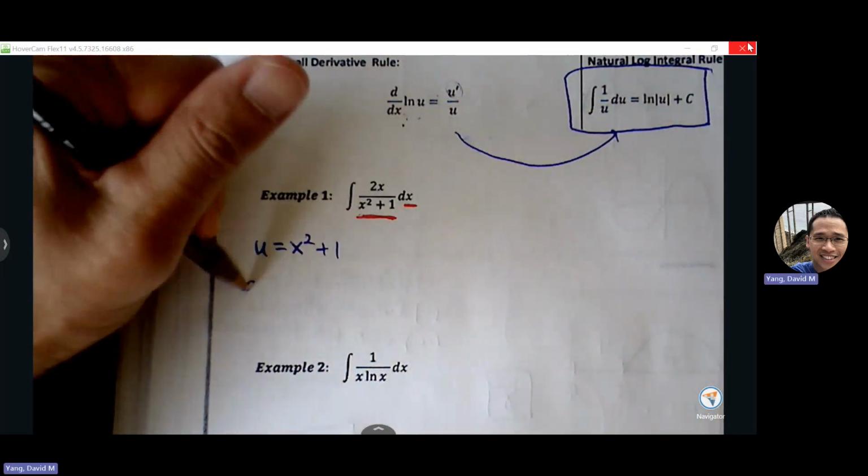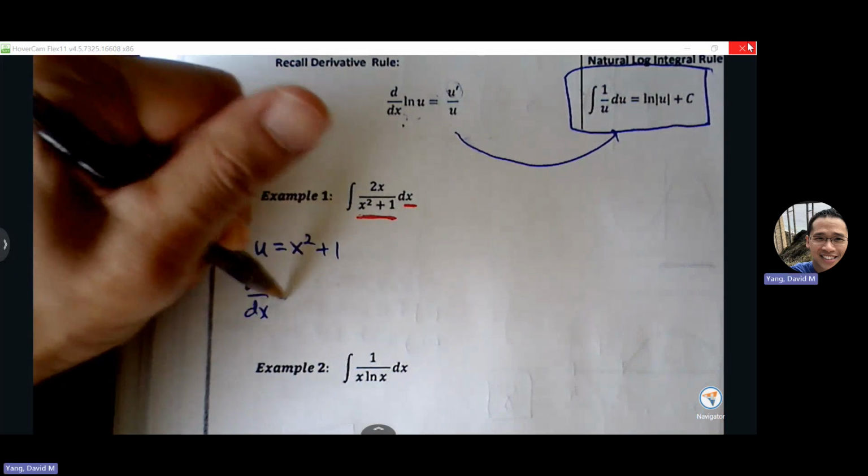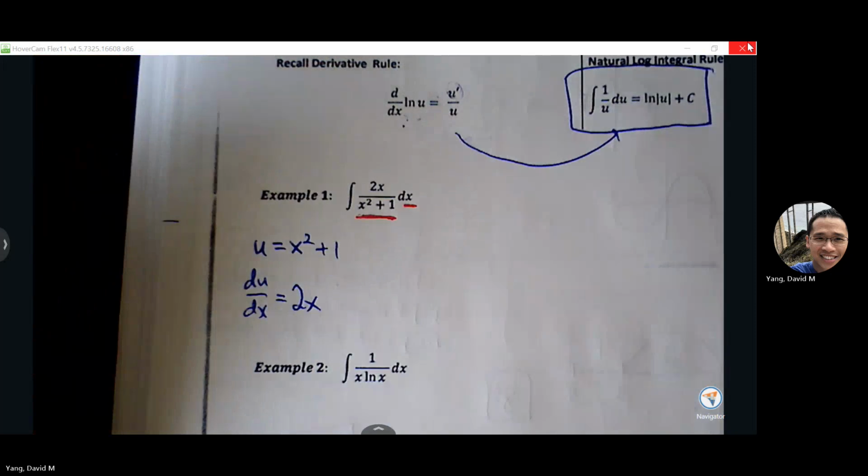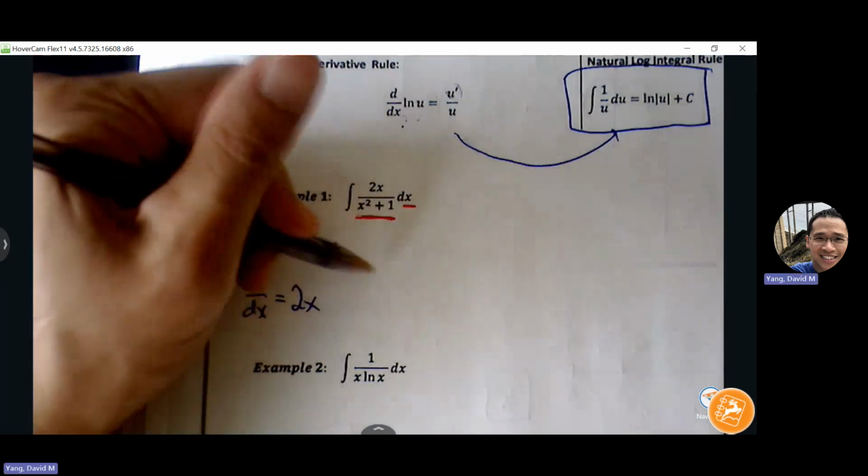Okay. du/dx, what's the derivative? Solve for dx.